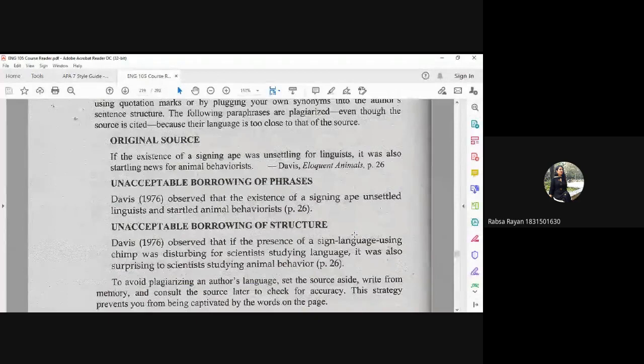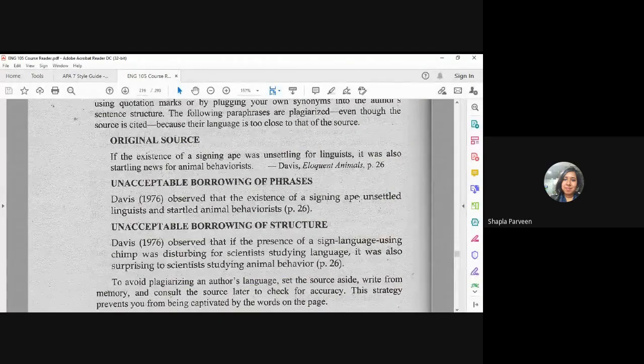Ma'am, it's same to the original, but it's not paraphrased or changed. The sentence structure is so similar, right? And some of the words are also very similar, right? So Davies observed that the existence of a signing ape unsettled linguists and startled animal behaviorists.